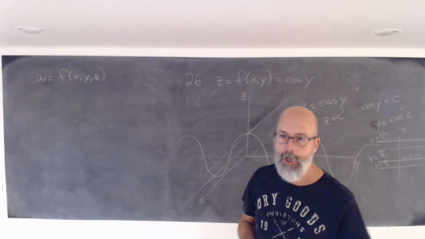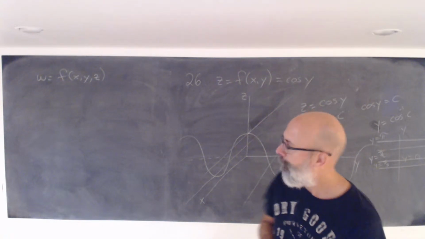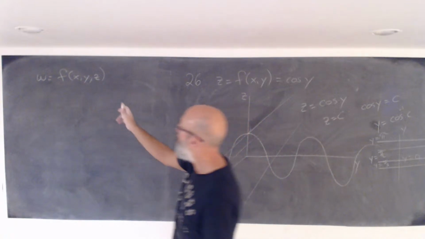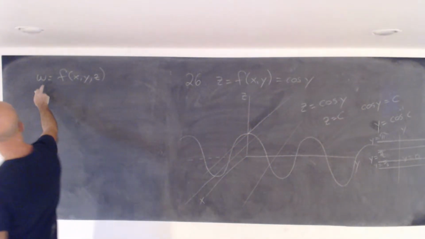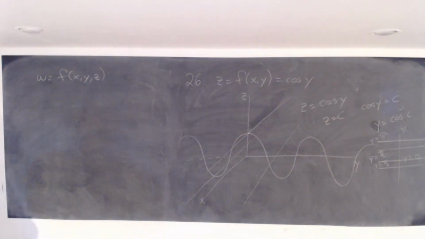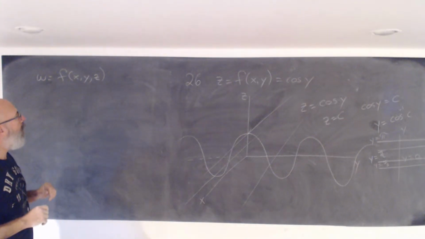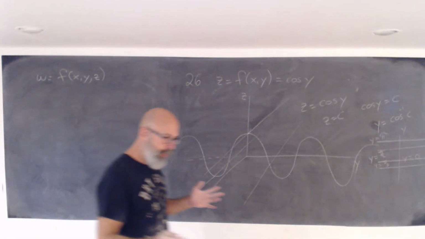So w equals a function of three variables, you understand what that means, right?